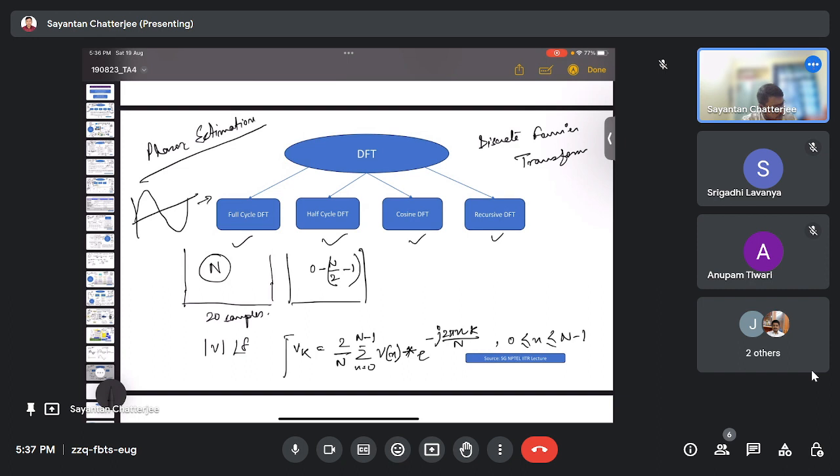This is the notation, so you can go through the slides itself. So this is the DFT equation for the full cycle.